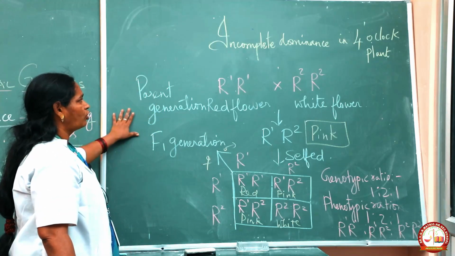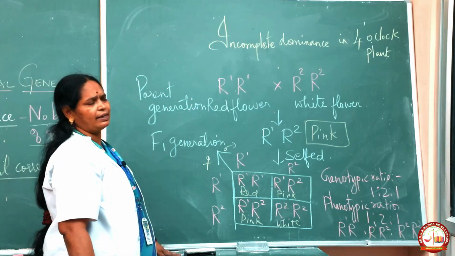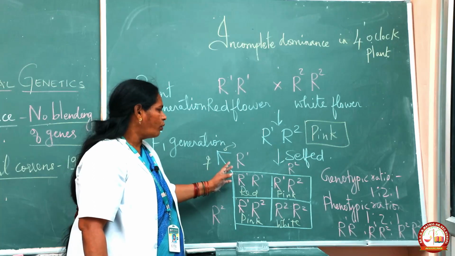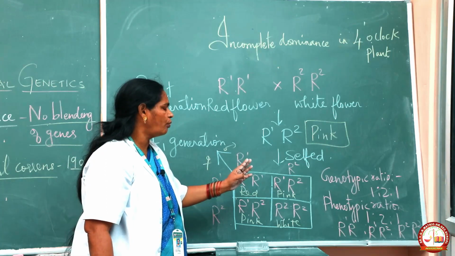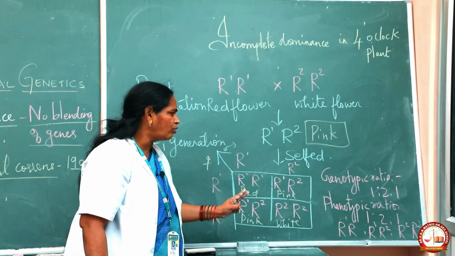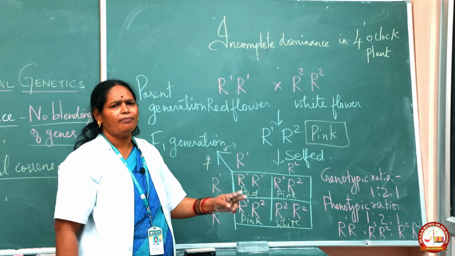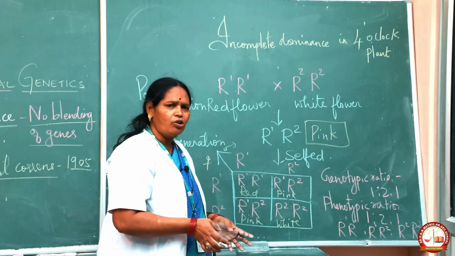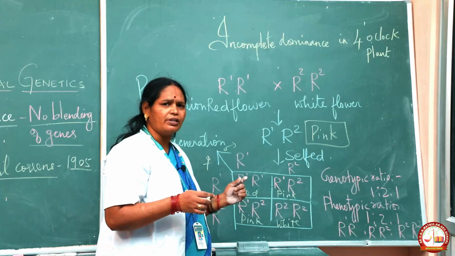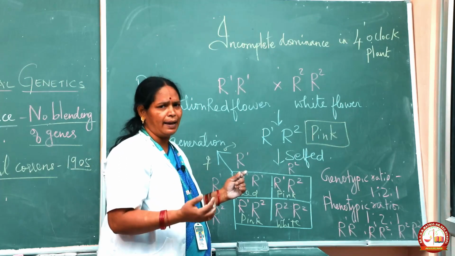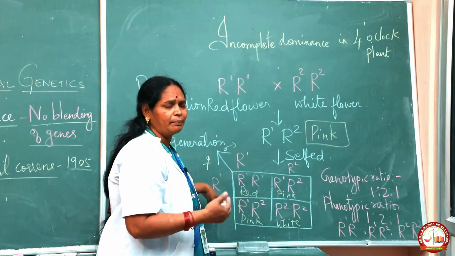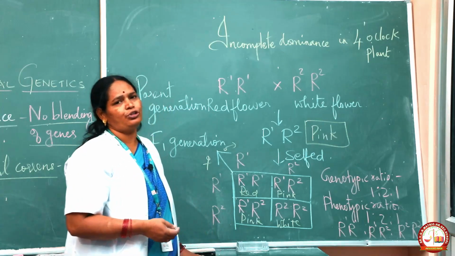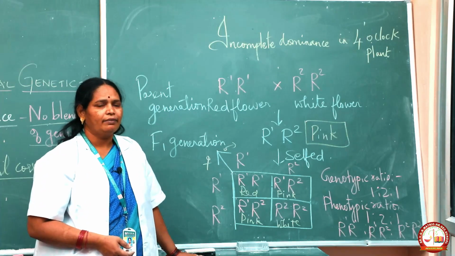This is one type of dominance, very clearly explained by Bateson. Here we got a 1:2:1 ratio. Two heterozygotes form without blending of the characters. Thus it follows Mendel's law of segregation, as the genes separate as gametes but do not blend with one another, and thus they produce a 1:2:1 ratio at the end. Thank you, children.